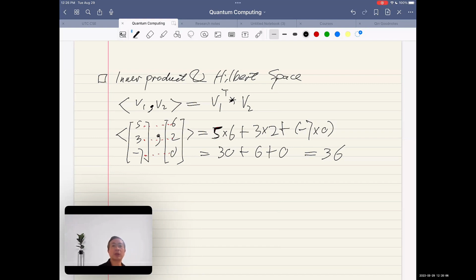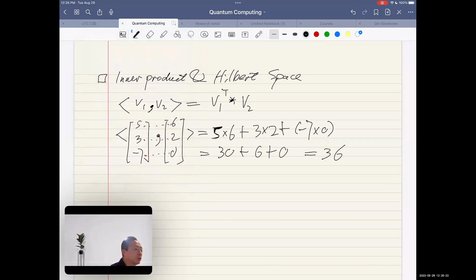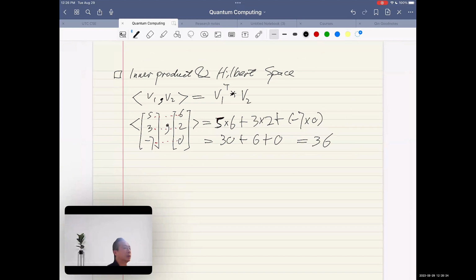For complex numbers, the book also gives some other rules, like scalar, commutative, and associative rules. This is the rule we need to remember. We probably have to use it for some implementation.